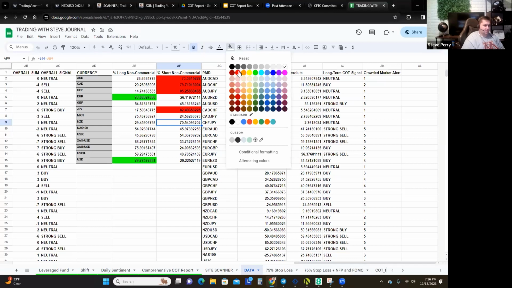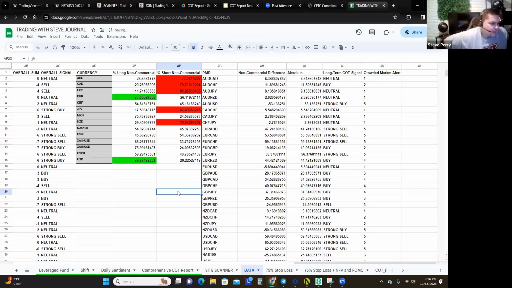It's almost there. Weak Kiwi. Then everything else is just kind of in between. You do have somewhat bought up silver, somewhat bought up gold. But I'm just going to focus on the currencies for now, and then we'll talk about some of the others later.